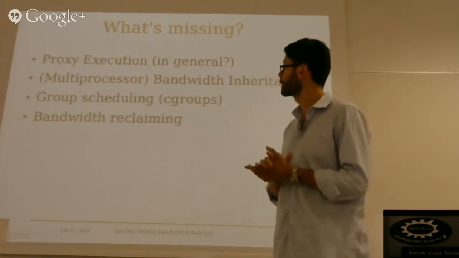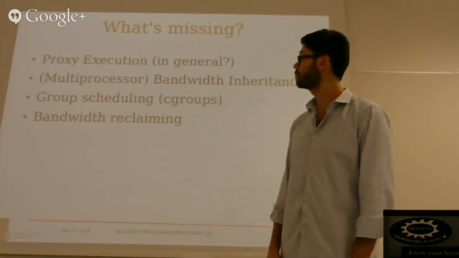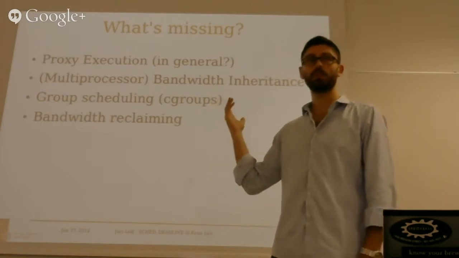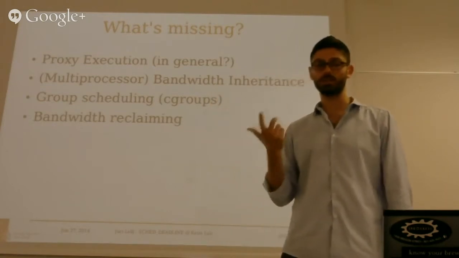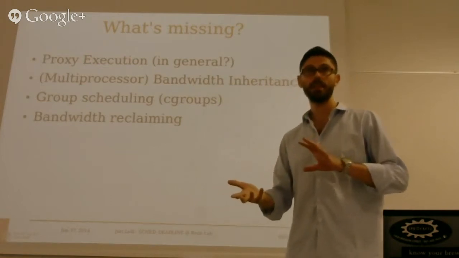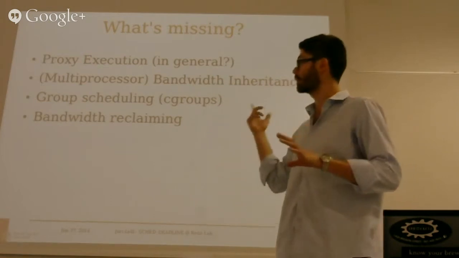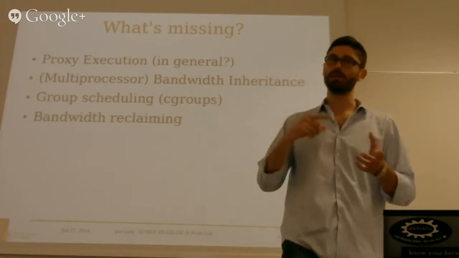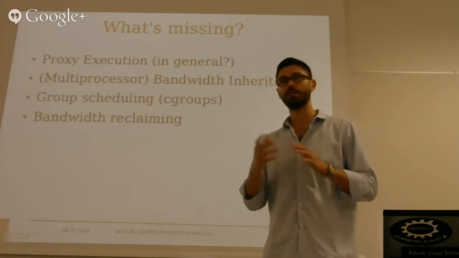And yeah, that's a discussion, but it's not a problem just for us. Because there are also problems with simple priority inheritance for SMP systems, related to the CPU affinity thing.